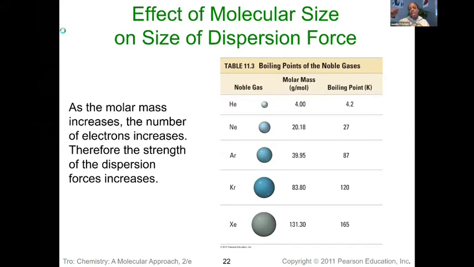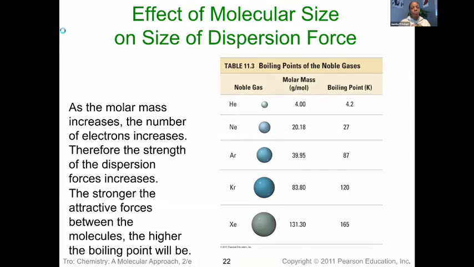That's because as I go down the periodic table, there are more electrons that can be shifted to create this induced dipole, which ultimately impacts the overall boiling point, with the increase happening towards the higher molar masses.